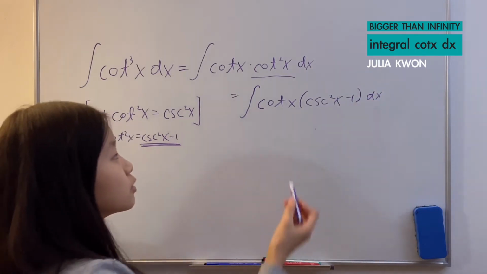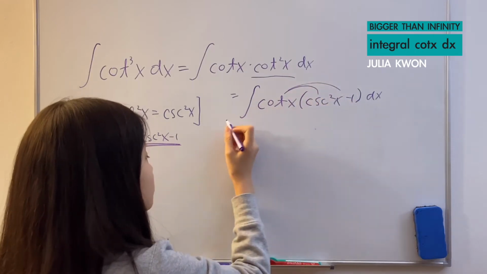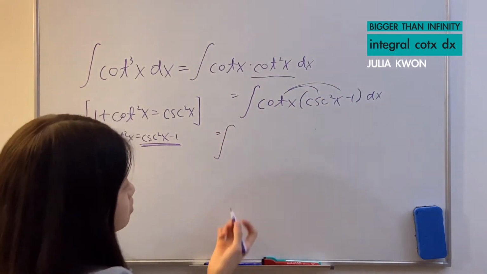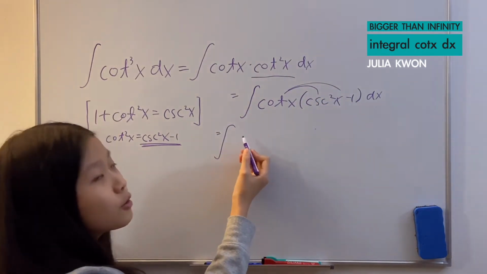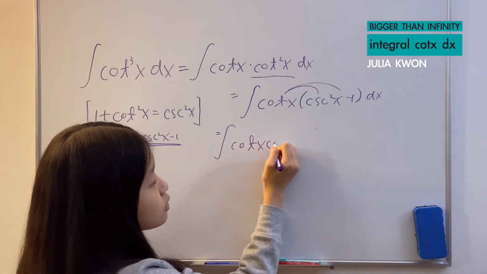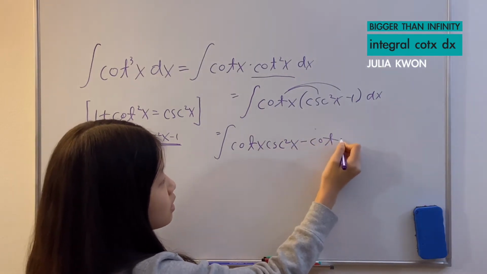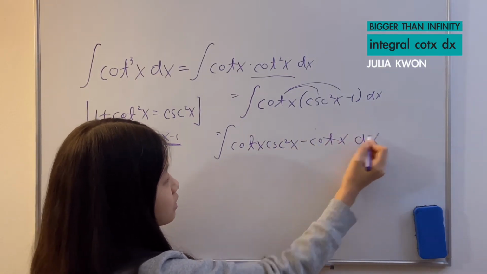We're going to simplify this a little bit by multiplying, and we would get the integral of cotangent x times cosecant squared x minus cotangent x dx.